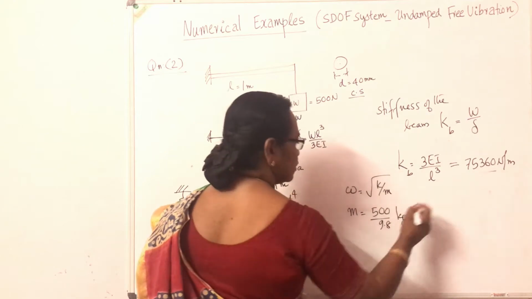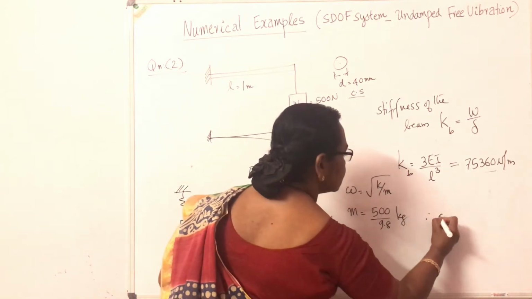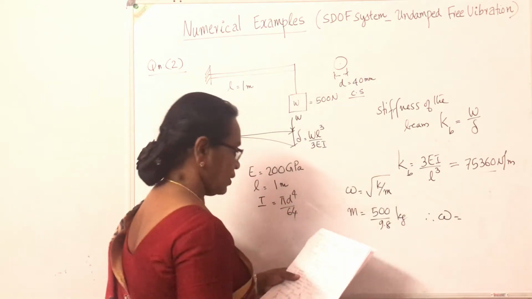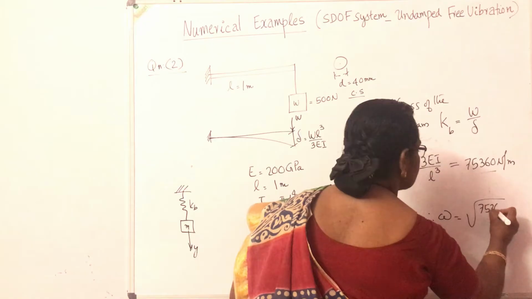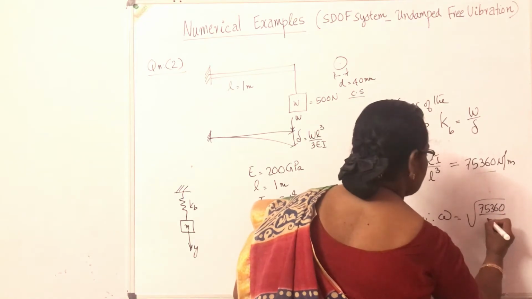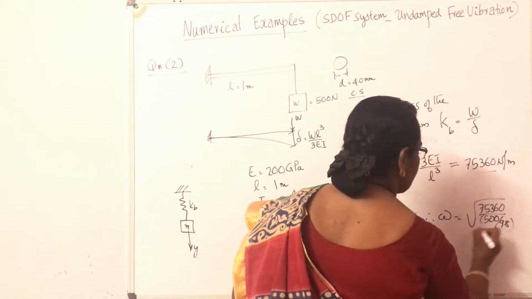Substituting, omega is equal to root of 75360 divided by 500 by 9.8.